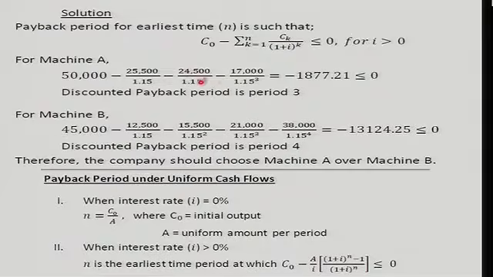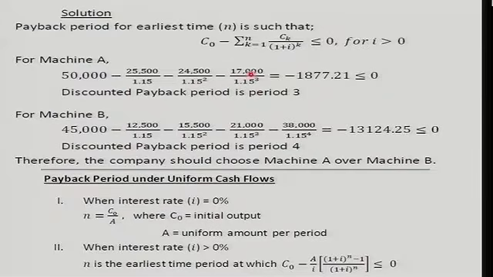Now, whatever this expression gives me, plus whatever this gives me, I deduct it from 50,000. If it doesn't give me something equal to or less than 0, I would have to consider the next. It means that as at the second period, we still wouldn't have finished recouping our entire investment. And so I consider the third period as well, which is 17,000.